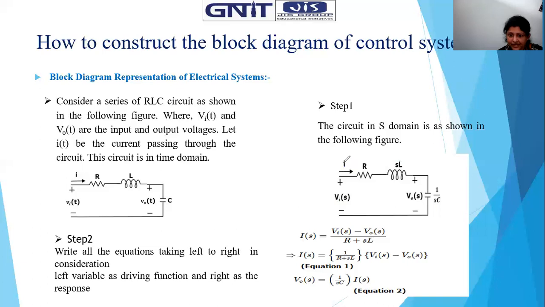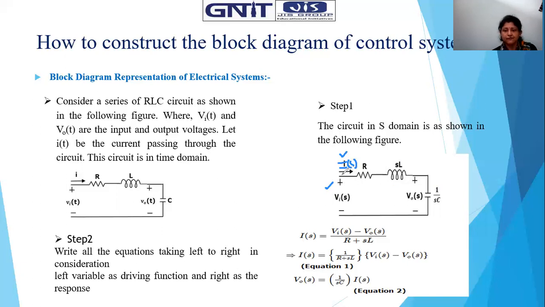Now see, IS is a response of VIS, right? So we have identified two variables. One is the input, the driving function, and the other is the response. So what is the relation between VIS and IS, right? So just try to get it.